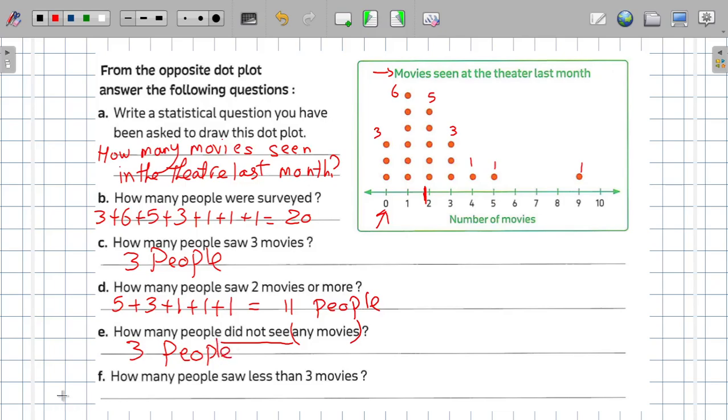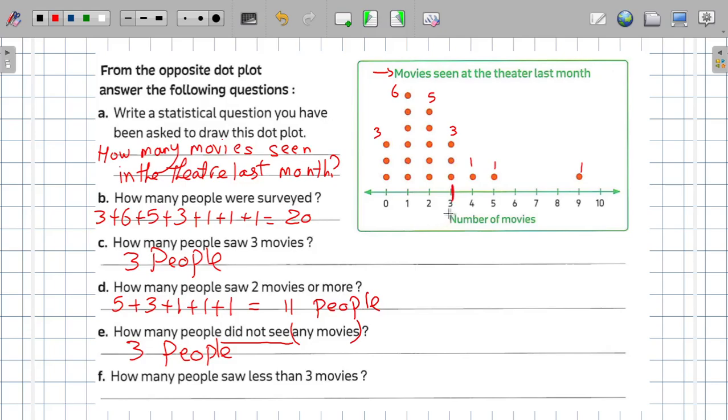Okay. Next, how many people saw less than 3 movies? So I will say, where is 3? It's here. I will stop here. Okay.